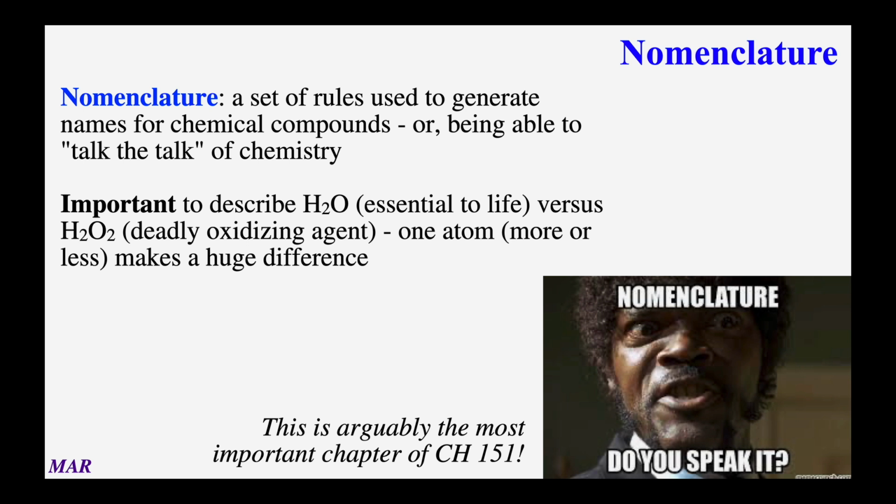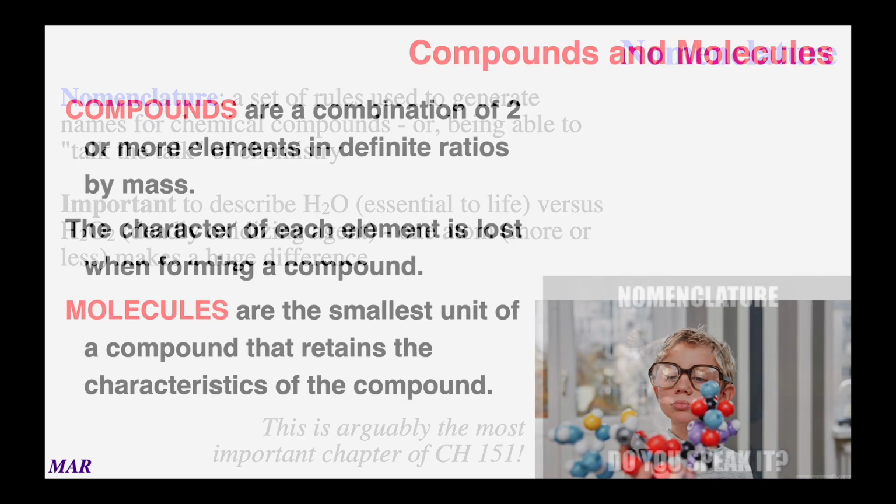And like I just showed you, an additional atom or one less atom can make a big difference in the reactivity. So you have to be very careful. Arguably, this is the most important chapter of Chemistry 151, because if you don't know how to ask for the right chemicals or tell others which chemicals you have, might be kind of a bad thing.